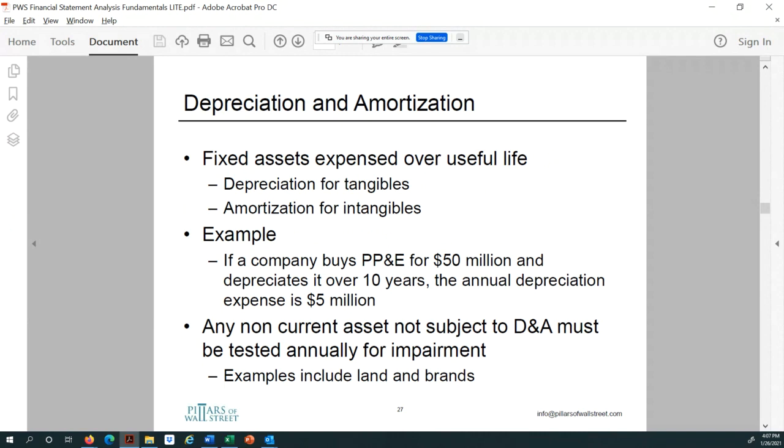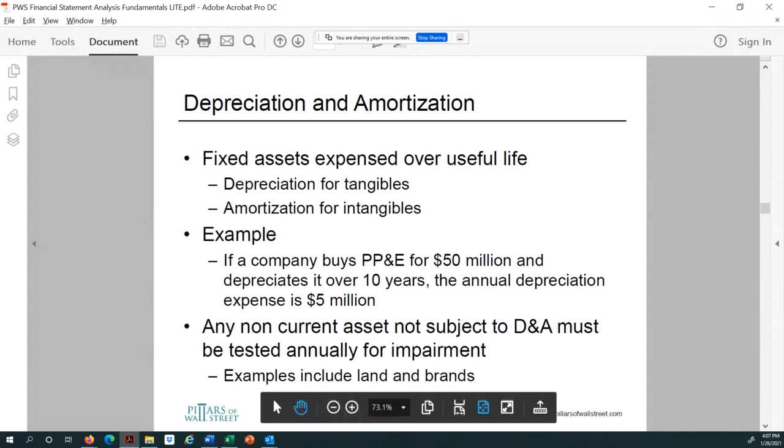Amortization is the same thing. If a company buys PP&E for 50 million and depreciates it over 10 years, the annual depreciation is $5 million. Any non-current asset which does not have a useful life and therefore isn't subject to D&A is tested annually for impairment. What does that mean? That means if the market value of the asset is less than the book value on the balance sheet, then it's impaired. So things like land and brands.